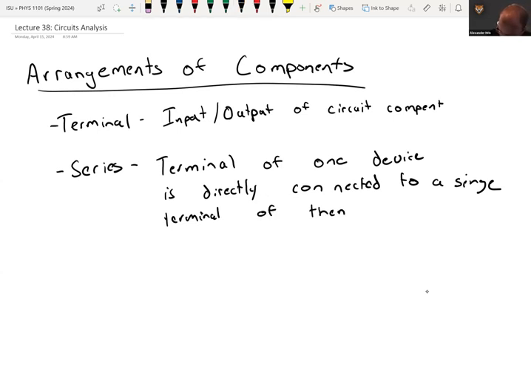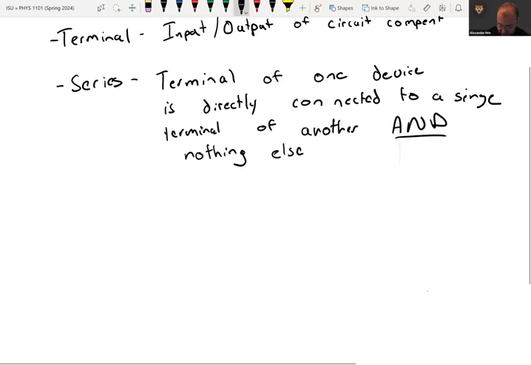And the next part is important: and nothing else. Okay. If it's connected to something else, then they're not in series. They might not be in anything at that point.